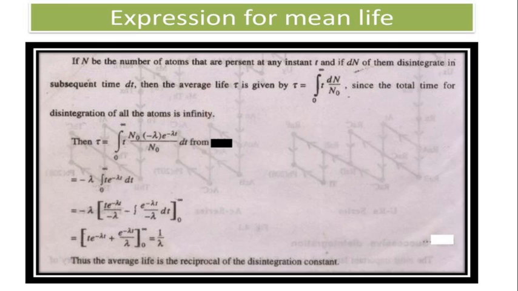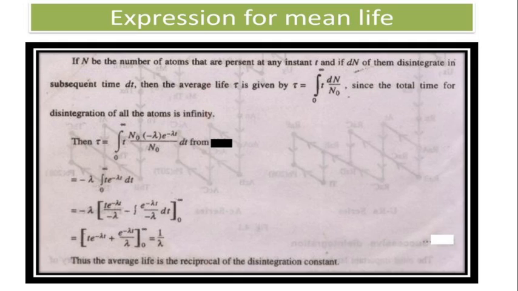Now we have N equal to N0 into e raised to minus lambda t. Now you can replace dN with N0 lambda into e raised to minus lambda t dt. So now the differential changed from dN to dt. That means the integral limits have to be changed from N to time. Initially the time was 0 and finally the time was infinity.